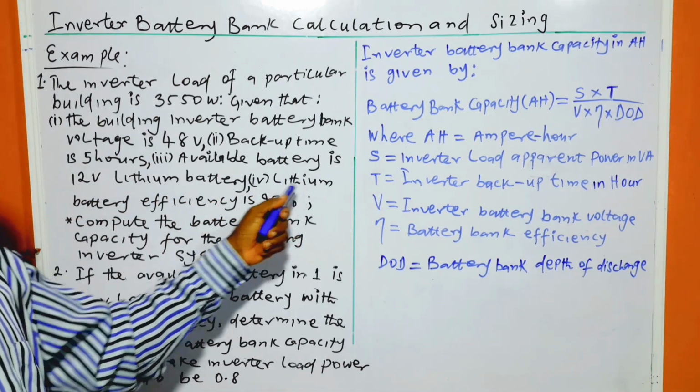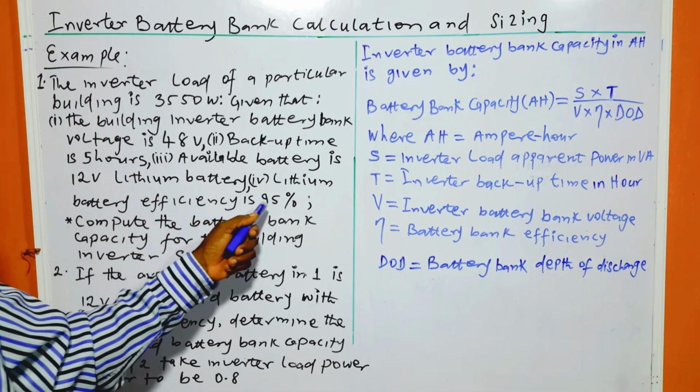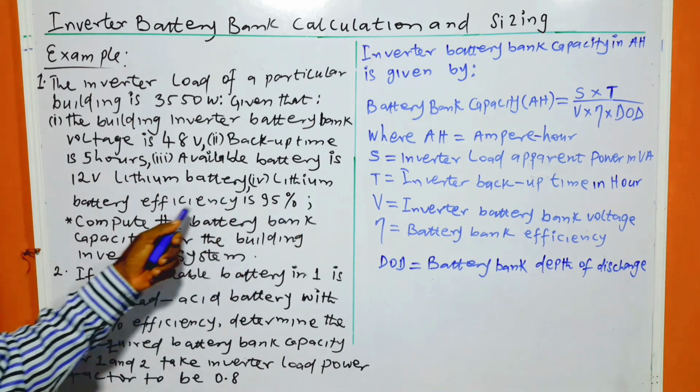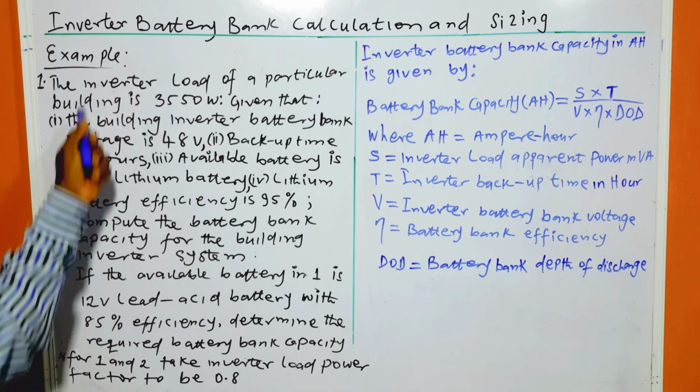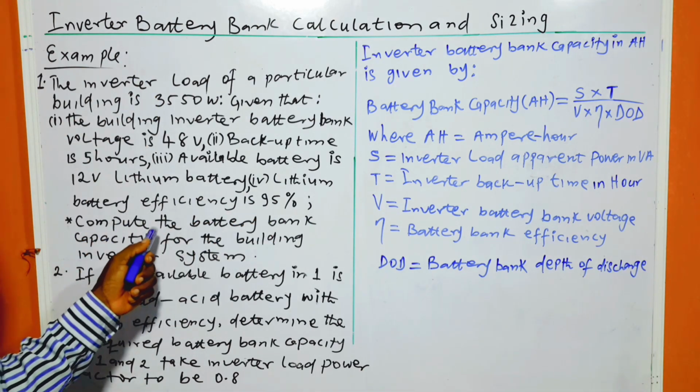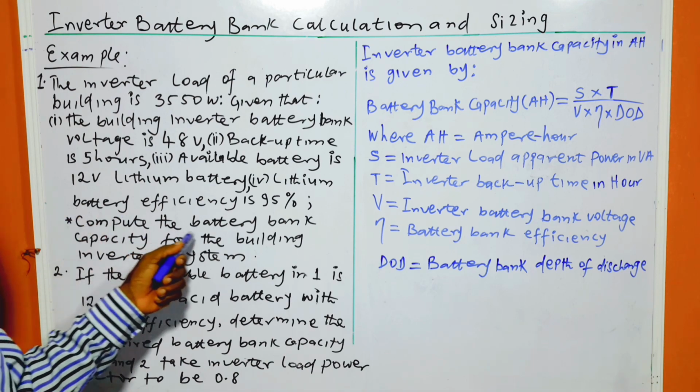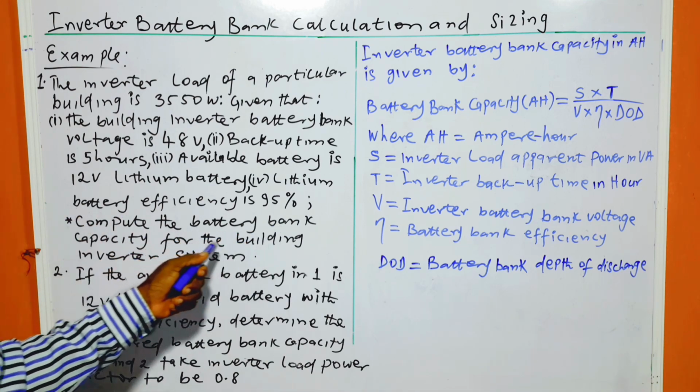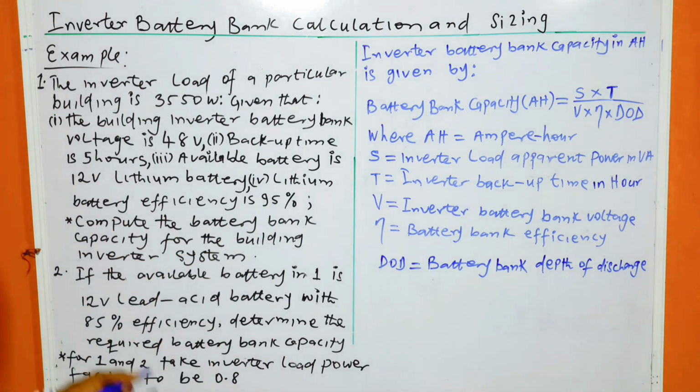Lithium battery efficiency is 95%. These are the conditions given. So now compute: the question is to compute the battery bank capacity for the building inverter system.